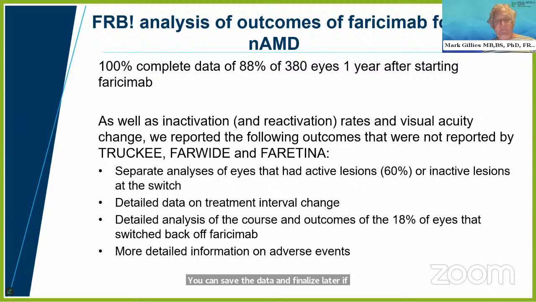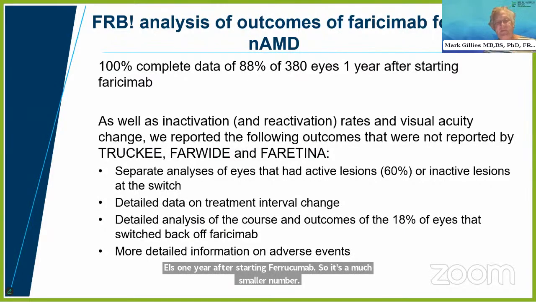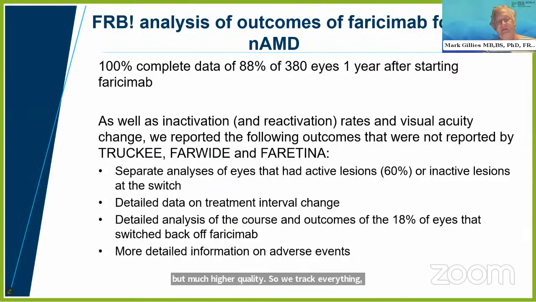So in our current analysis for faricimab, we have 100% complete data for 88% of 380 eyes 1 year after starting faricimab. So it's a much smaller number, but much higher quality. We track everything that TRUCKEE, FARWIDE, and FAR-RETINA track.